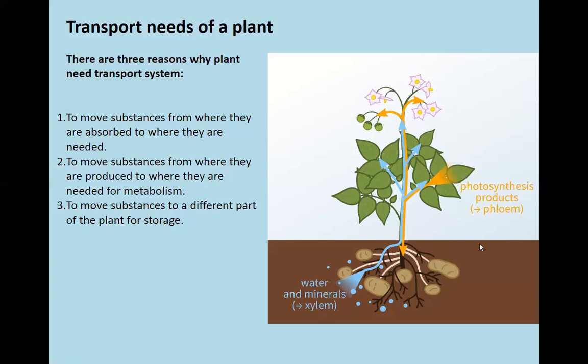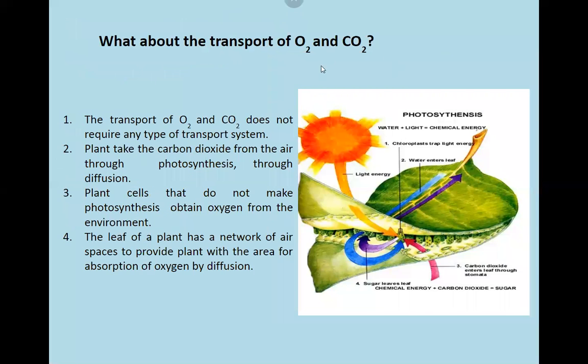Until now, we have been discussing only the transport of water, minerals, and the products of photosynthesis. But what about oxygen and carbon dioxide? How do plants obtain them? The transportation of oxygen and carbon dioxide into the plant doesn't require any type of transport system, as happens in humans, where we have the heart and the blood vessels.